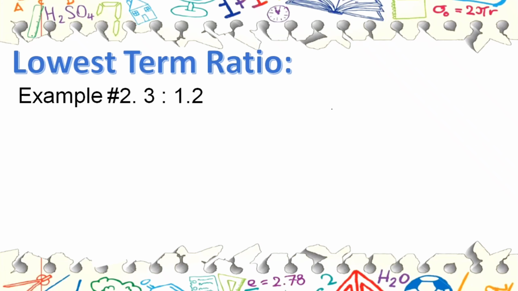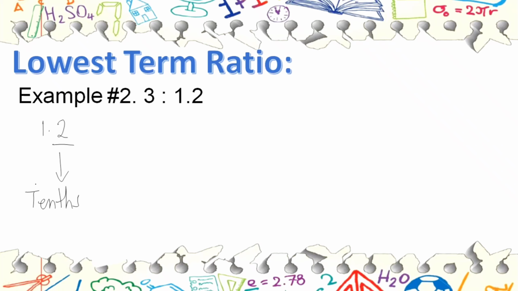In example number 2, we have 3 is to 1.2. So, yung second term naman ngayon ang naka-decimal. So, yung 1.2, alamin ulit natin kung anong place value niyan. So, alin ang place value na alamin natin? Yung nasa dulo. So, 2. So, anong place value ng 2? Ang place value ng 2 ay tenths.